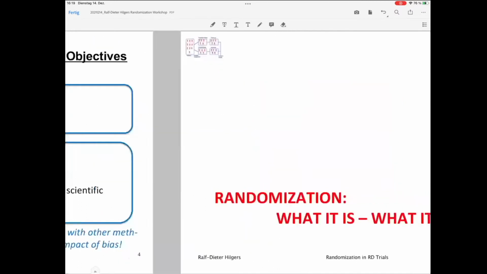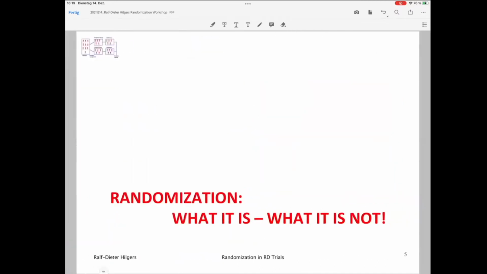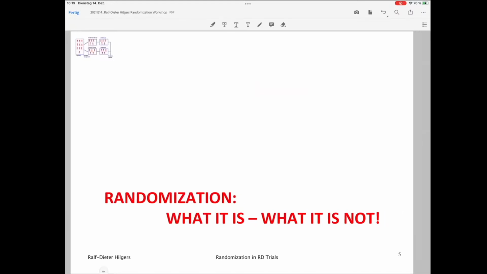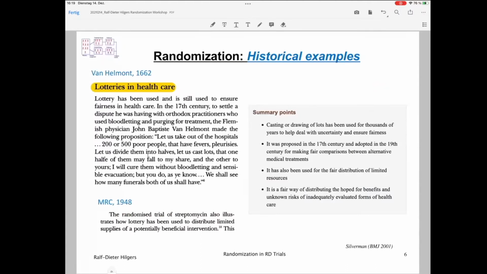Okay, so what is the mode of action of randomization? Let's discuss this. What we have is that randomization has a long history, also in trials connected to health or to medicine. And one of the oldest examples is the example of the Flemish physician, as I'm half Belgian, I like that very much.